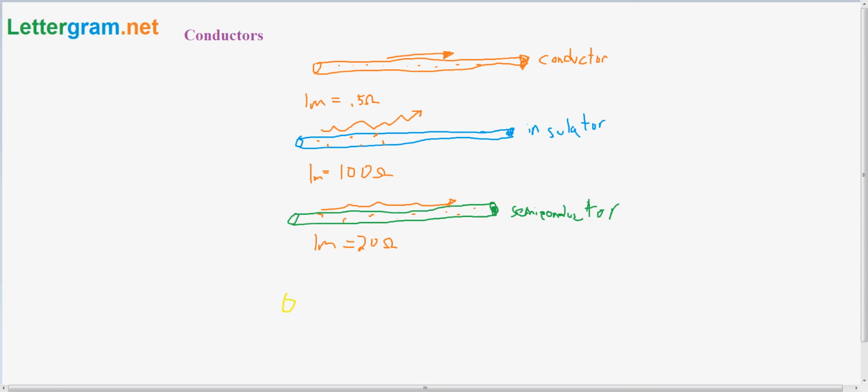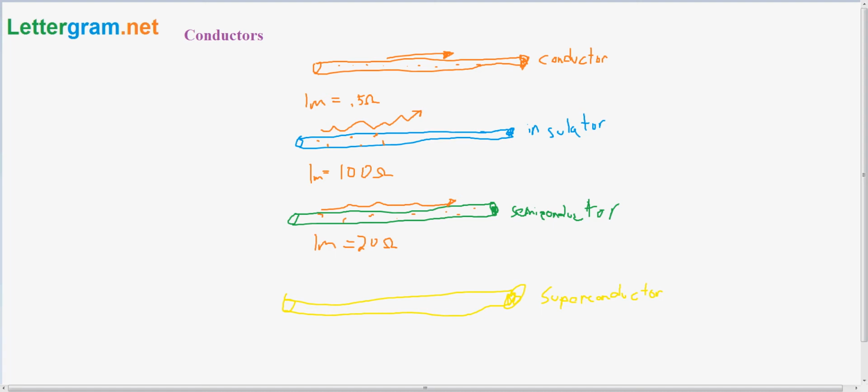The last we have, I don't know if you can see this, is a superconductor. And superconductors have interesting properties, and they'll probably become a little bit more commonplace if people can figure out how to use them properly at room temperature.